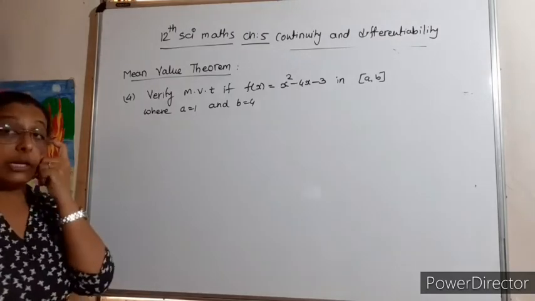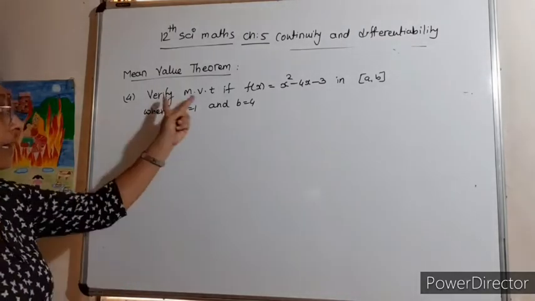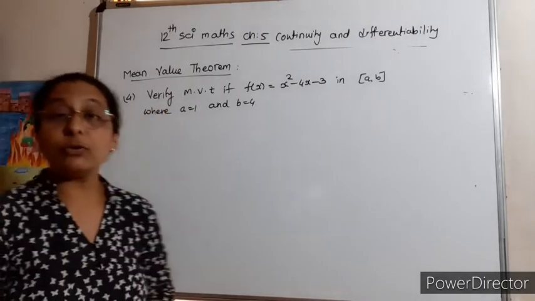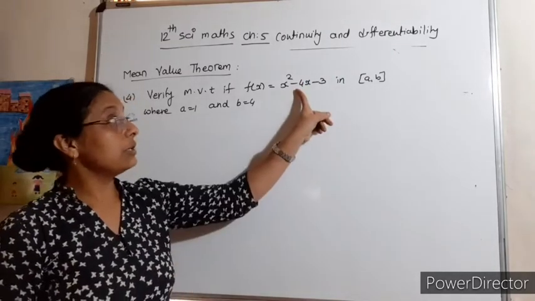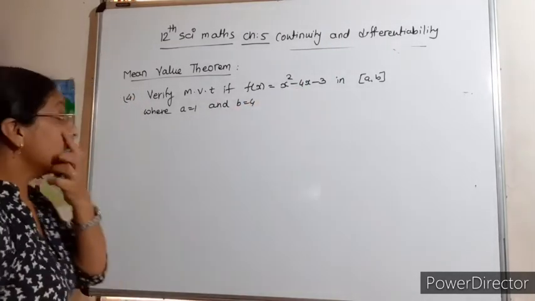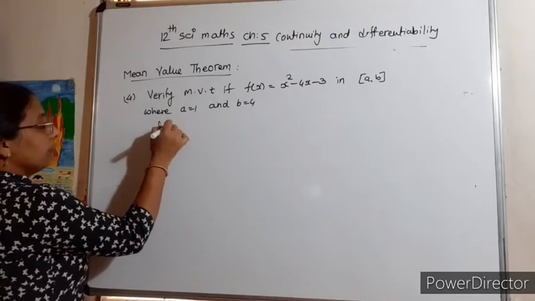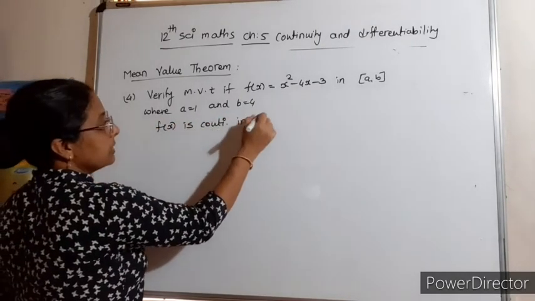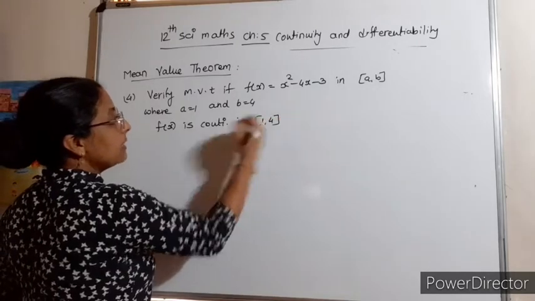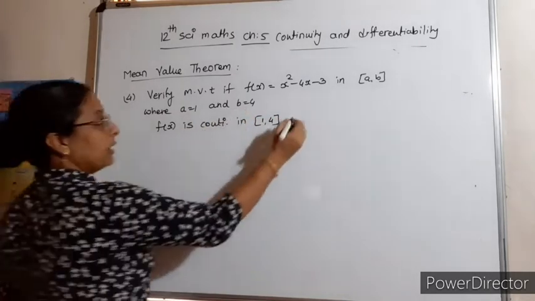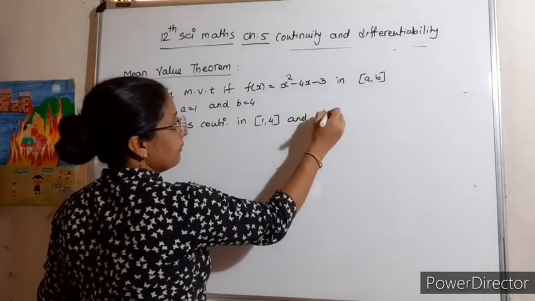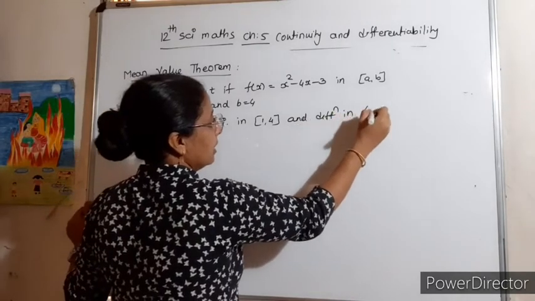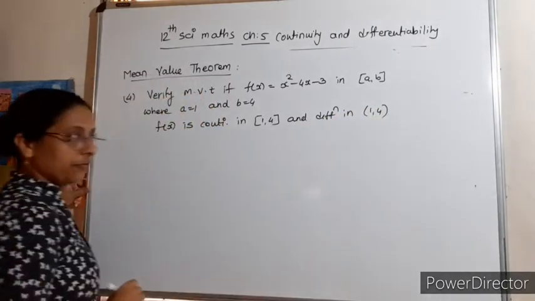So first of all, when you want to verify the mean value theorem and find the value of C, it should be continuous and differentiable. So we write here f(x) is continuous in closed interval AB, that is [1, 4], and differentiable in open interval (1, 4).